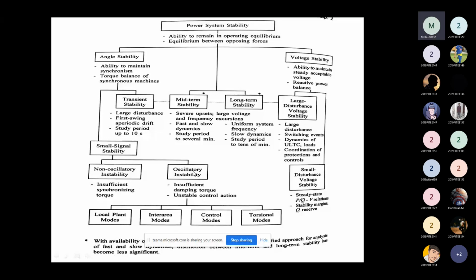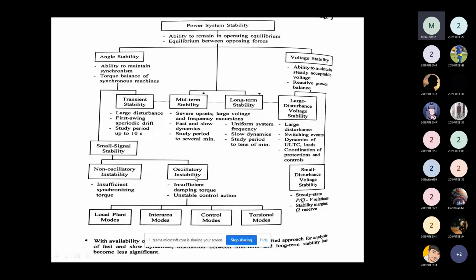In oscillatory instability, insufficient damping torque occurs. So unstable control action is possible. In both cases, instability is maintained. So the probability you have to see is very low. Non-oscillatory as well as oscillatory.